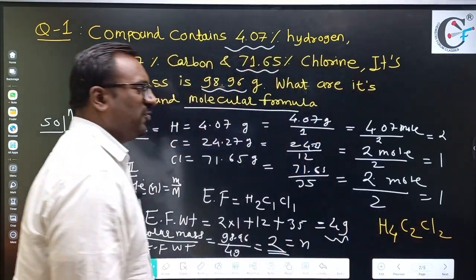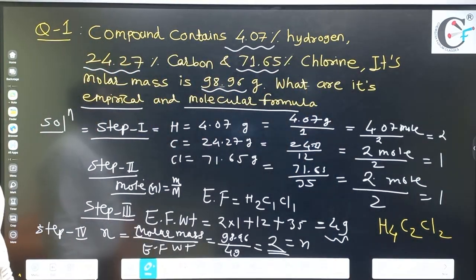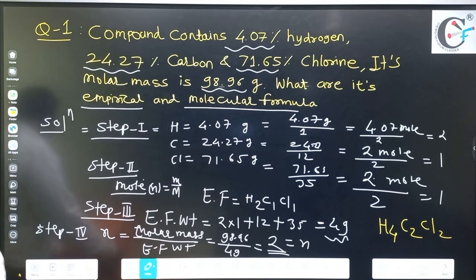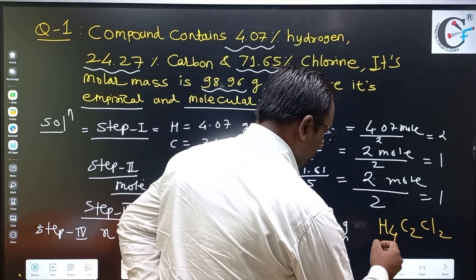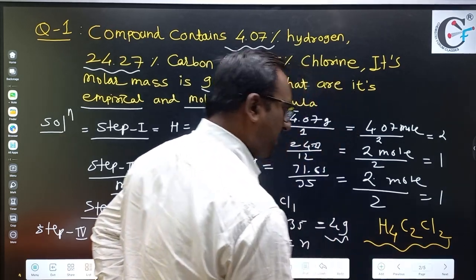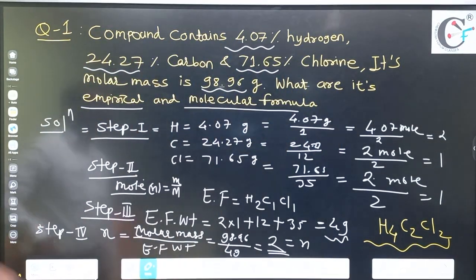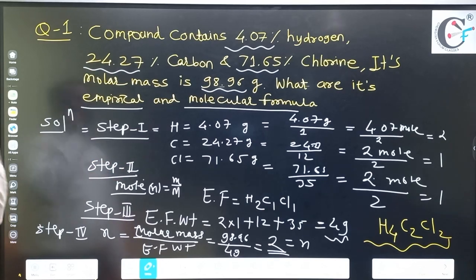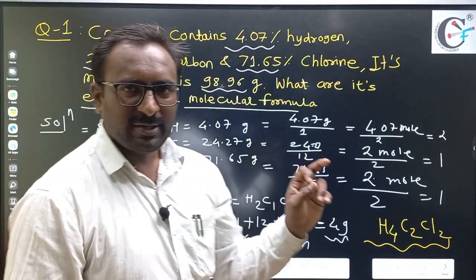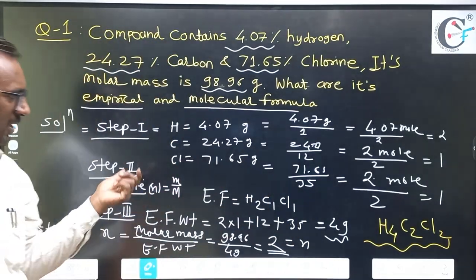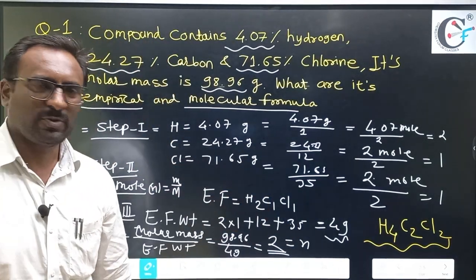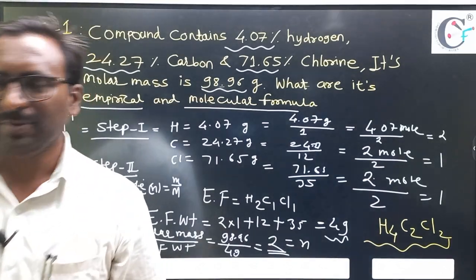So C2H4Cl2 is our molecular formula. So in this way, we can convert the mass percent into the empirical formula and the empirical formula into the molecular formula. Do the copy, then we will discuss further.